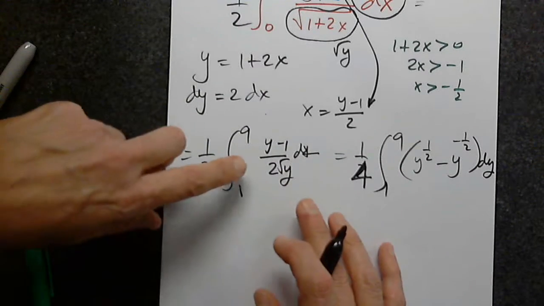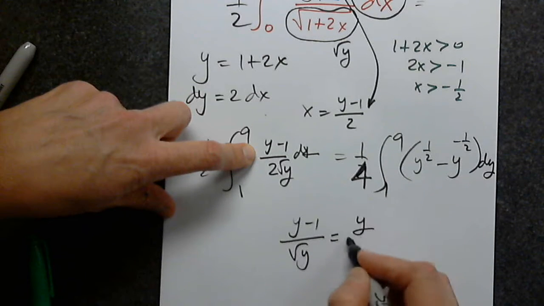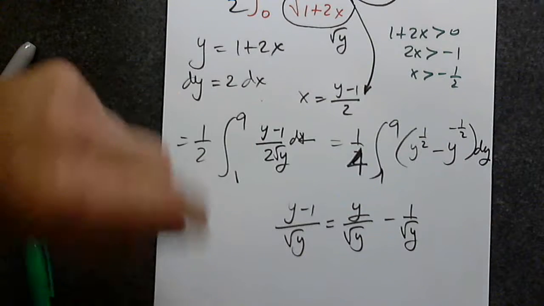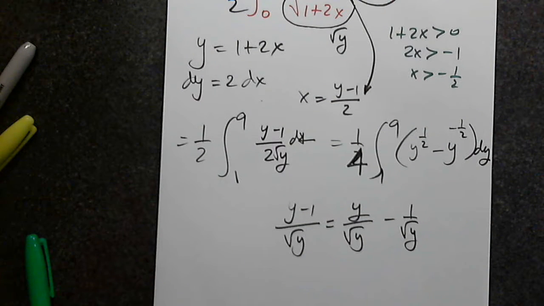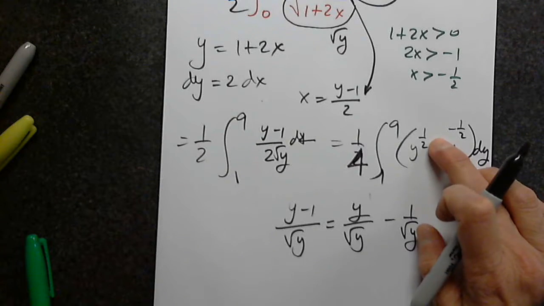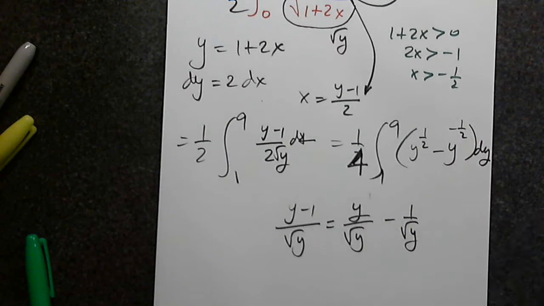So what I did, I'm sure you understood this. So y minus 1 over the square root of y is y over the square root of y minus 1 over the square root of y. This is crucial to understand. And this is power 1. Power 1 minus power 1/2 is power 1/2. And this is y to -1/2.